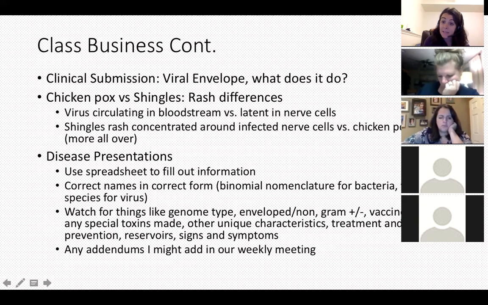If there's a vaccine, what type is the vaccine? Is it an attenuated live vaccine, which means the microbe is active and can infect people, but it's weakened, which means that it doesn't cause illness? Is it a subunit vaccine or an acellular vaccine? What kind of vaccine is it? If it's a bacterium, does it make any special toxins?